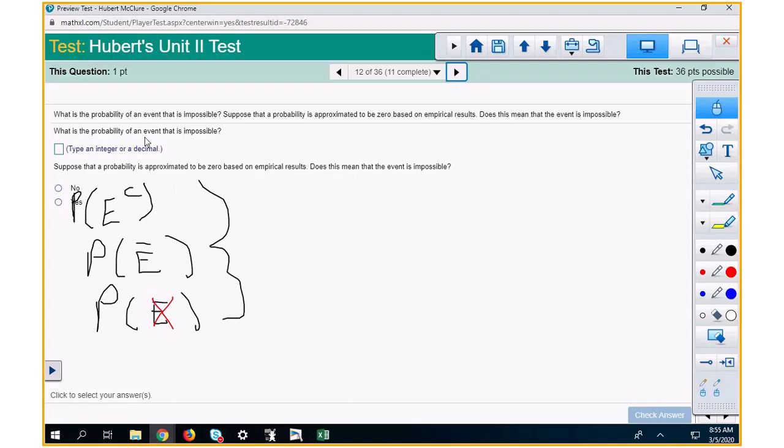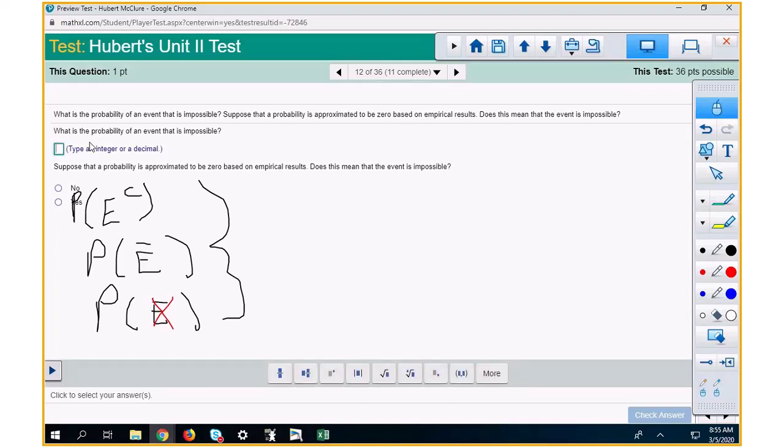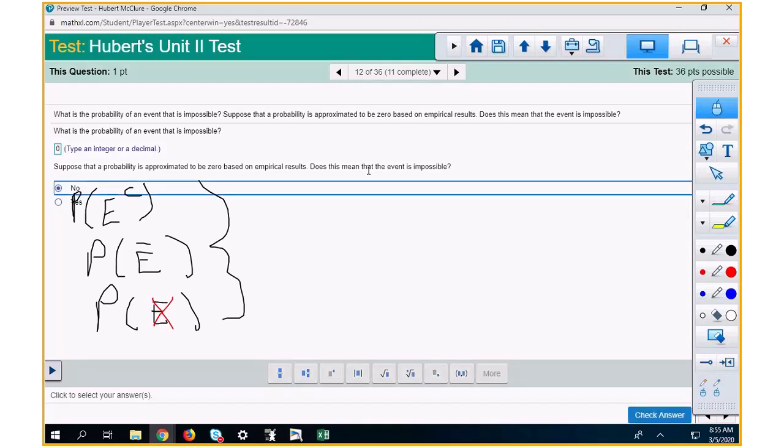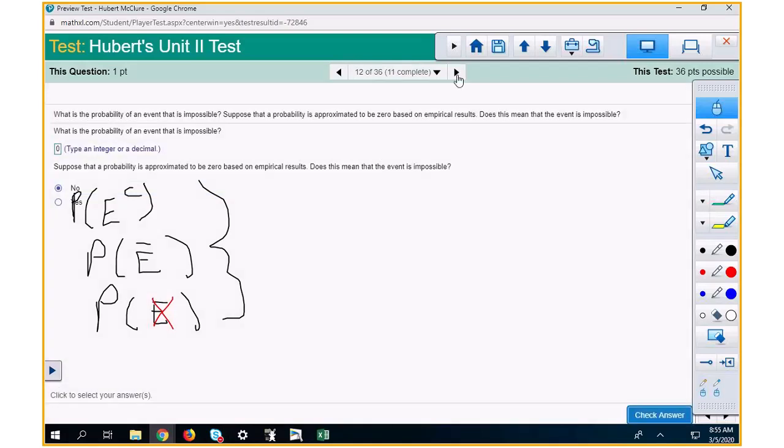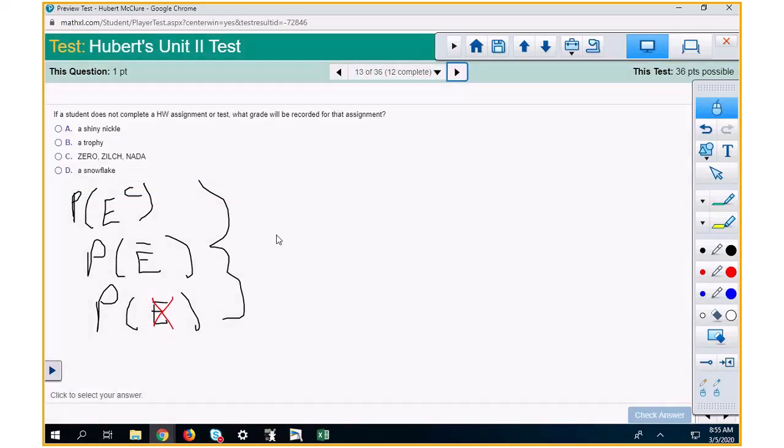What is the probability of an event that is impossible? Suppose it is 0. Does this mean that the event is impossible? So 0. And does this mean that the event is impossible? Hail to the no. Next.